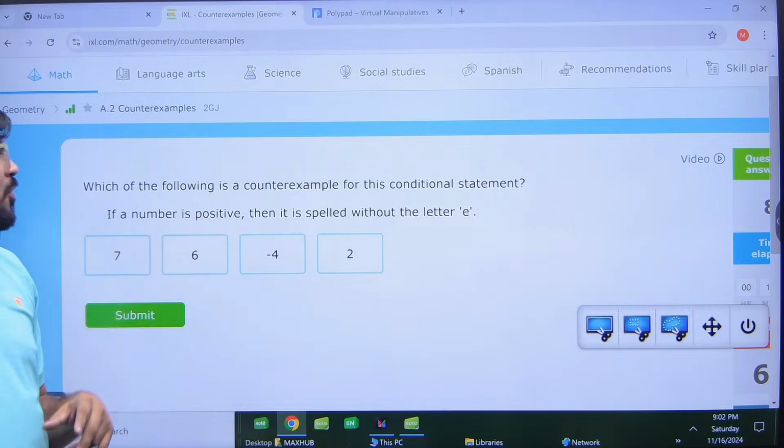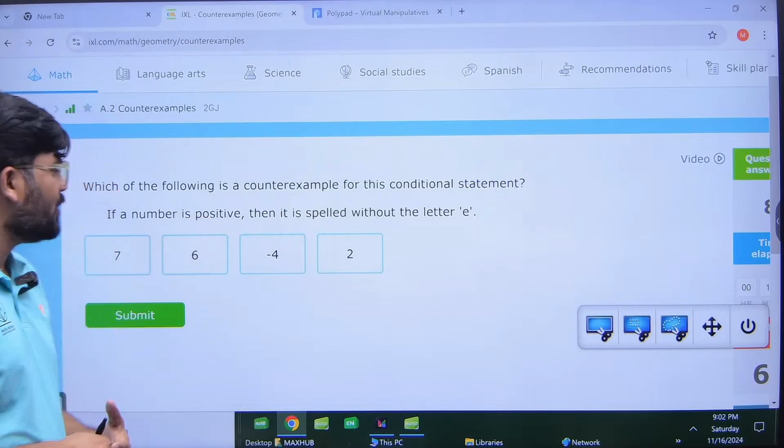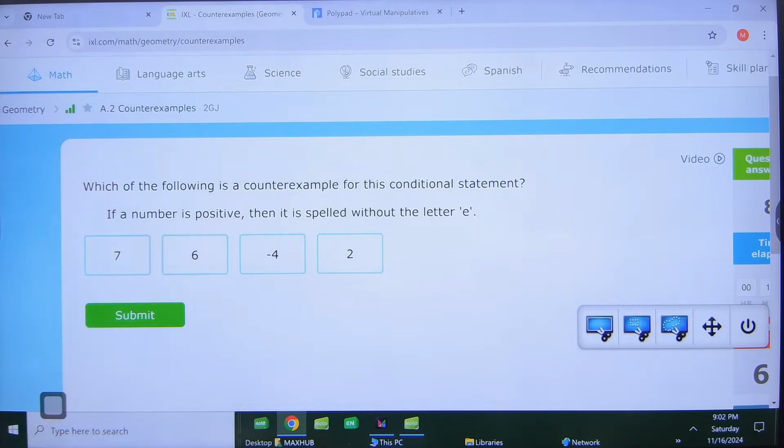If a number is positive, then it is spelled without the letter E. If the number is positive, then it is spelled without the letter E. So it has to be a positive number. 2.